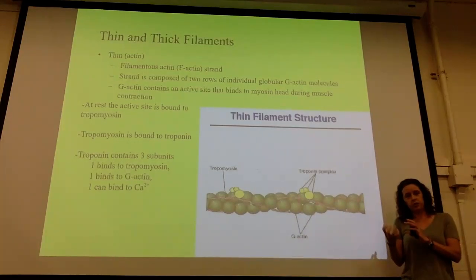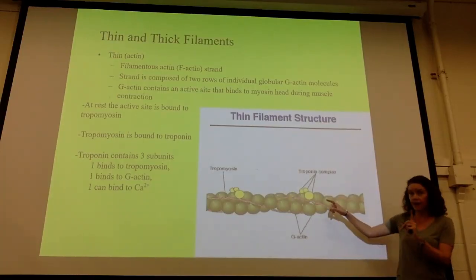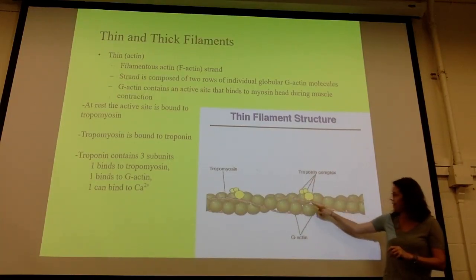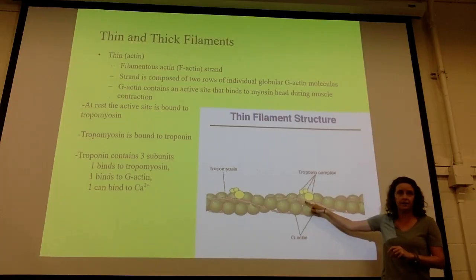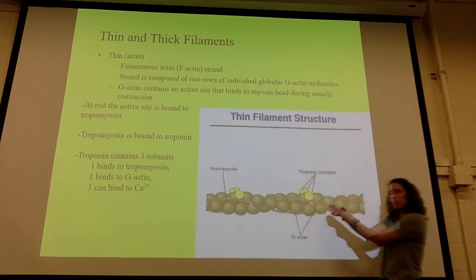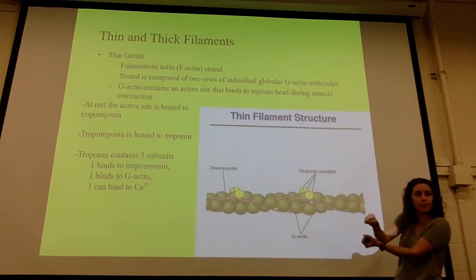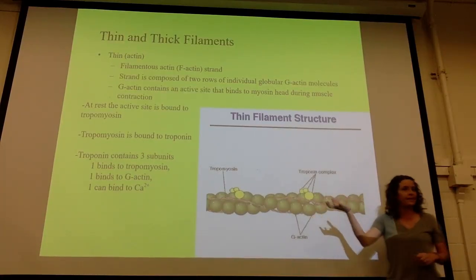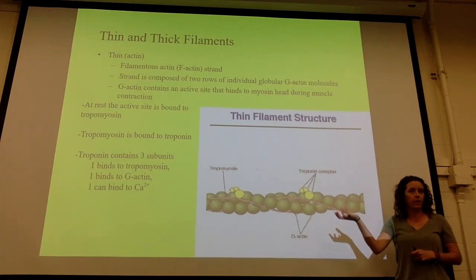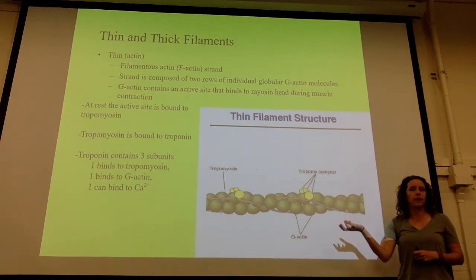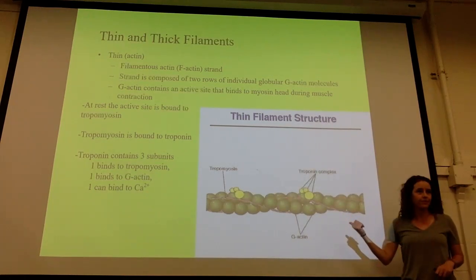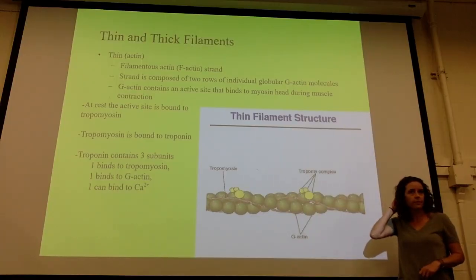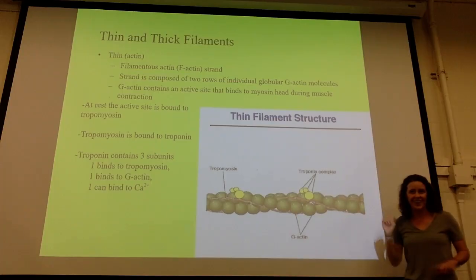When the shape of troponin changes, because troponin is bound to tropomyosin, it pulls tropomyosin out of place and exposes that binding site on actin. One of the video clips I'm going to show you will illustrate that. Okay, good so far? Okay, good.